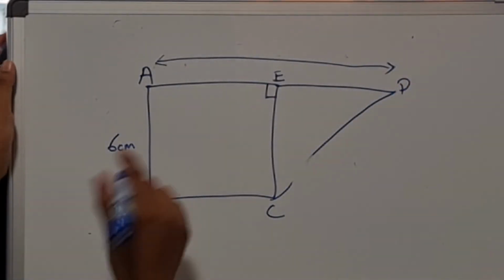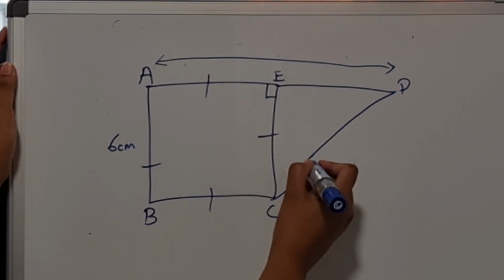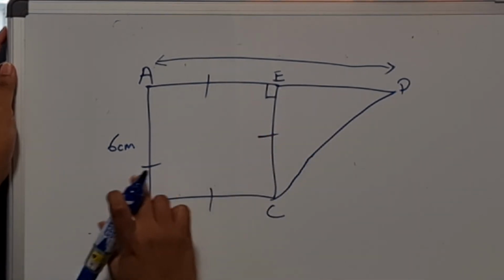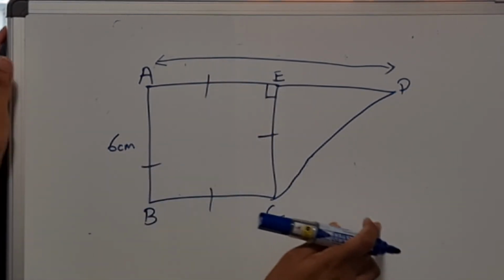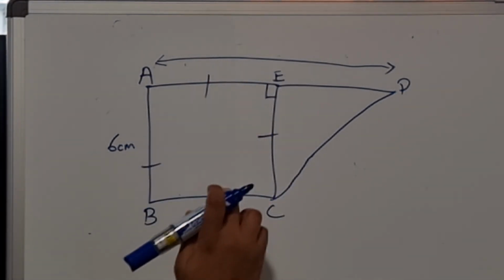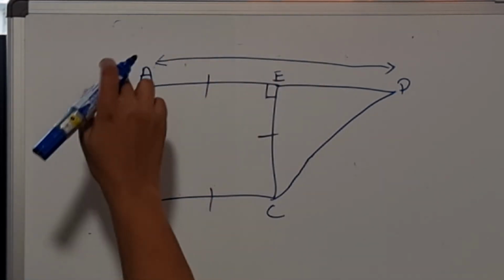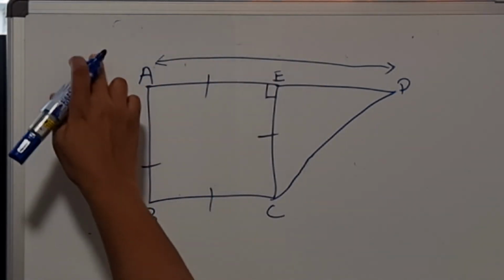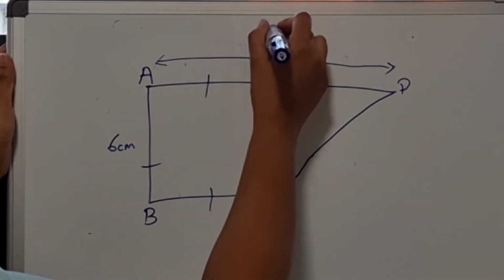So the length of this, okay, so when they write this, right, that means all the sides are equal. All the sides are equal means this is a square. And then this side is 6, and then they give you this as 16.